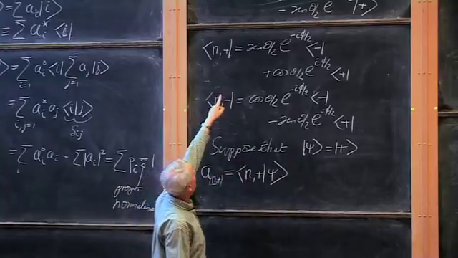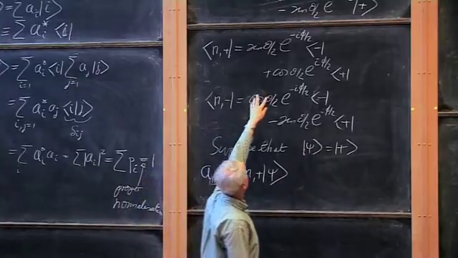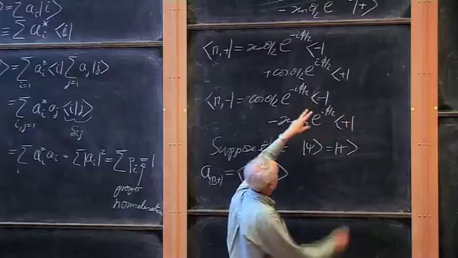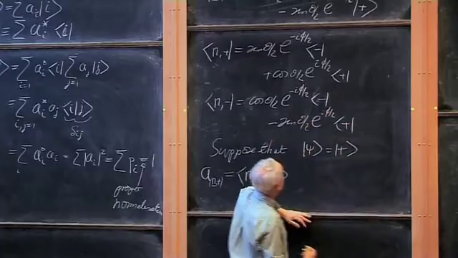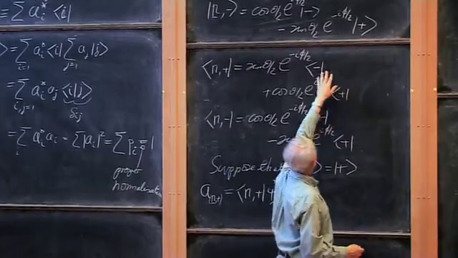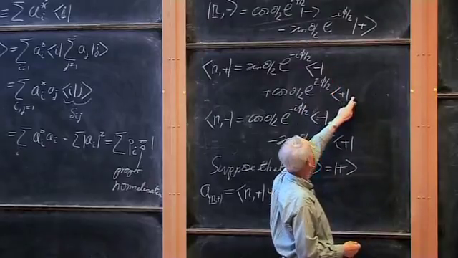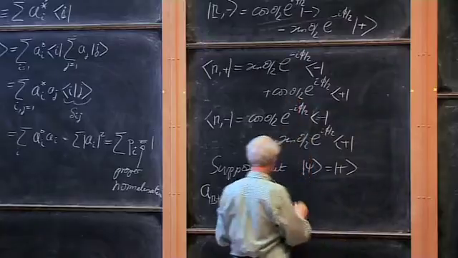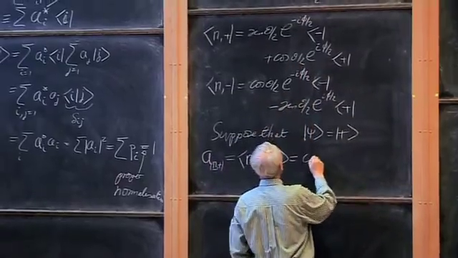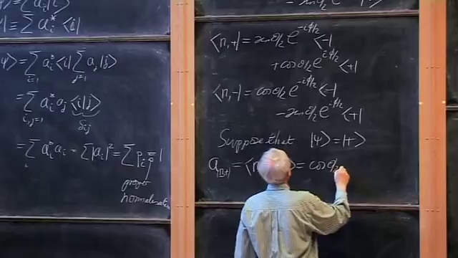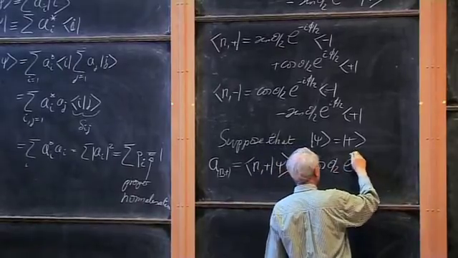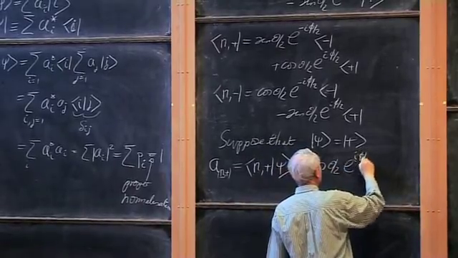So what I do is I take that n plus thing and I bra it into plus. That will produce a minus plus here, which vanishes, and a plus plus here, which is the number 1. So I simply extract this. This turns out to be cos theta over 2 e to the i phi over 2.